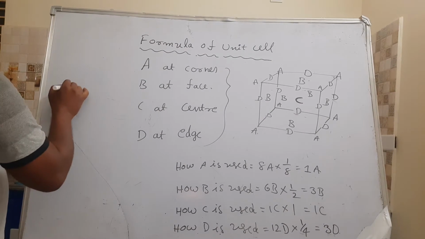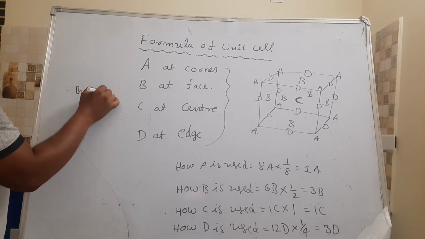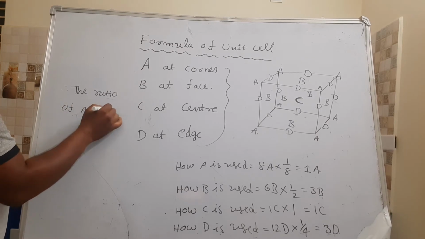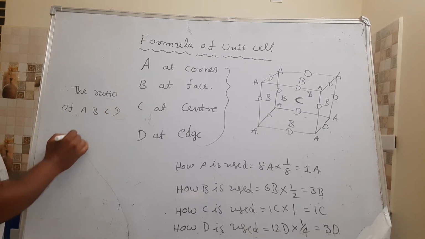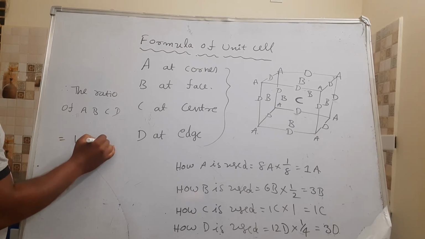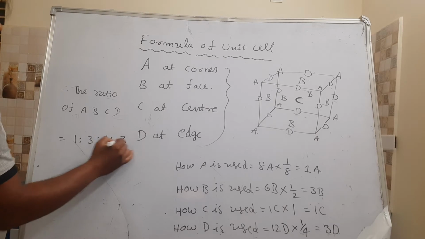So the ratio of A, B, C, D is equal to 1 is to 3 is to 1 is to 3.